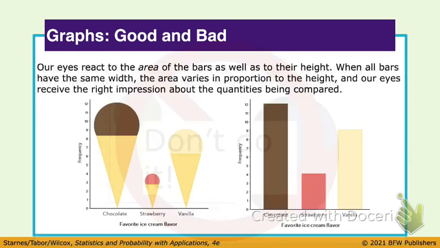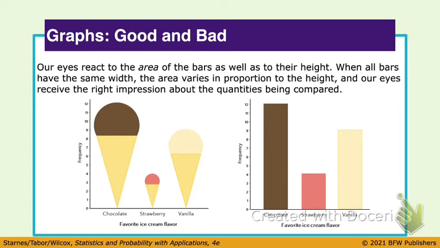So with this graph on the left with the ice cream cones, we are looking at this chocolate and it looks really big compared to this vanilla because the width of it at the top here is bigger than the width over here. And strawberry looks like it's just a little stepchild that nobody even cares about. But over here, it's not really that big of a difference when our widths are the same.